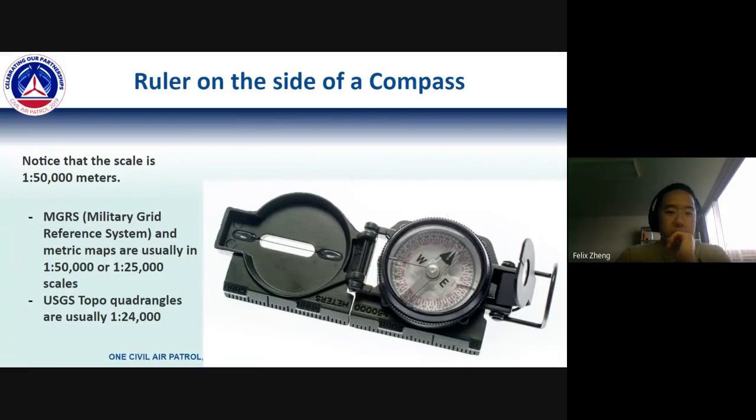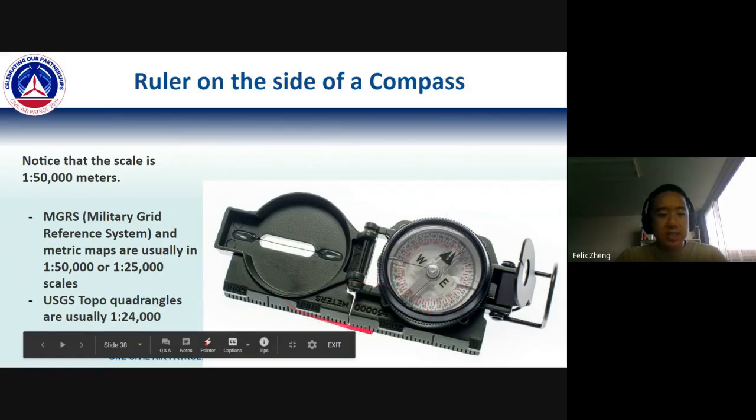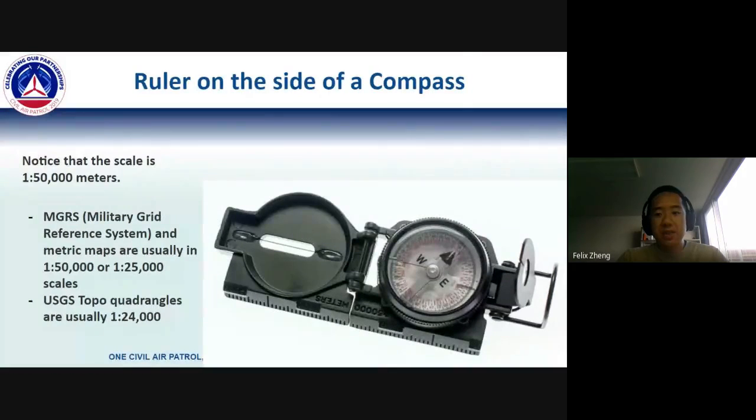For a ruler on the side of a compass, this is a military style compass, and the scale is 1 to 50,000 meters as listed right here. This scale is useful for the MGRS, the Military Grid Reference System, and usually those maps are in scales of 1 to 50,000 or 1 to 25,000.